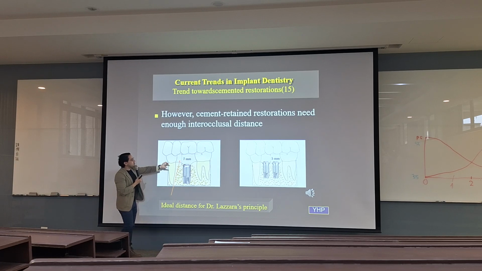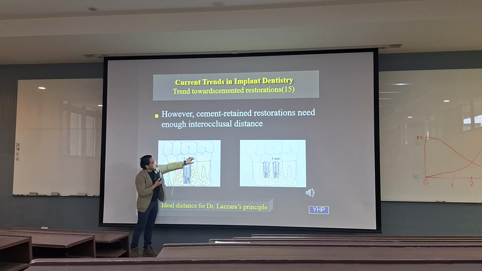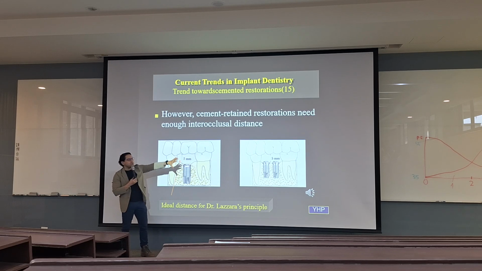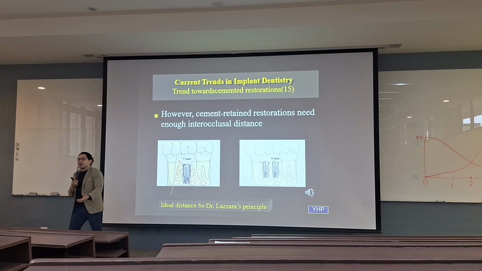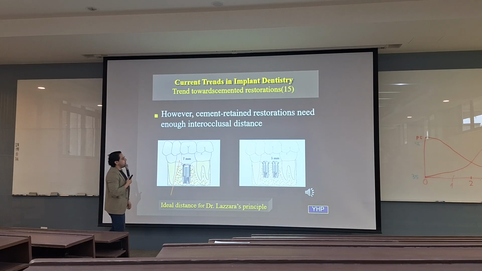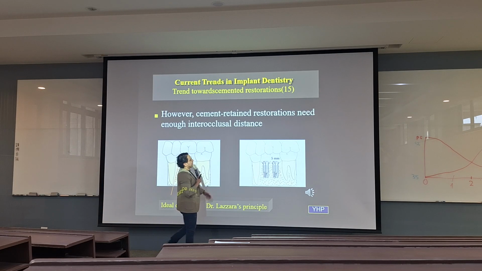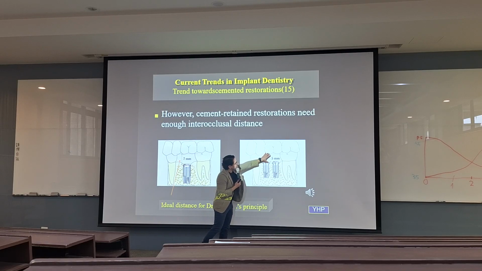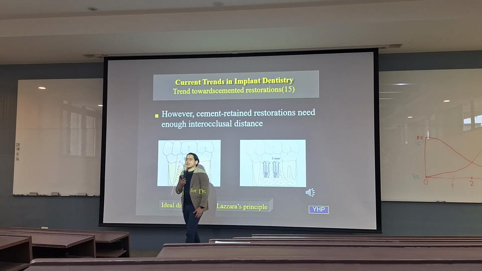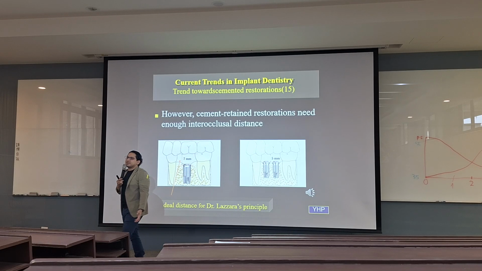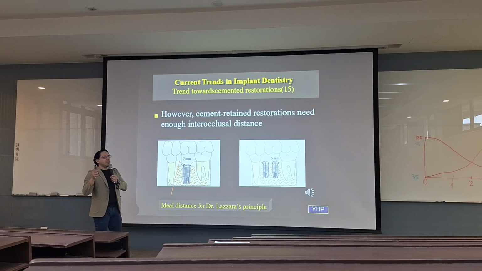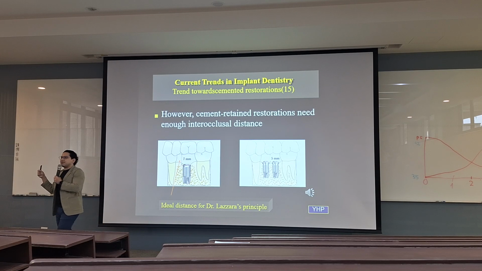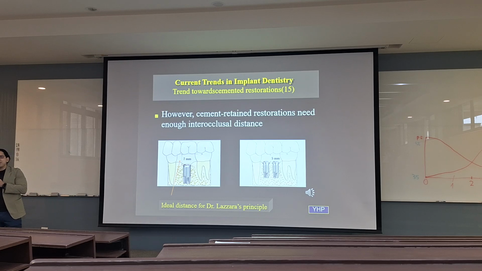No. But that means you have enough space, 2 millimeters at least, for your soft tissue, and then you can make your crown that will also be held by your abutment. Now, there are some cases, of course, where sometimes you will find patients that have 5 millimeters, right? It's 5. So what happens? Well, if you have 5 millimeters, that means that you have enough space for a crown, but you don't have it for the abutment.